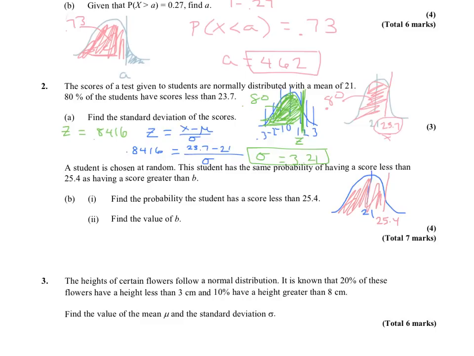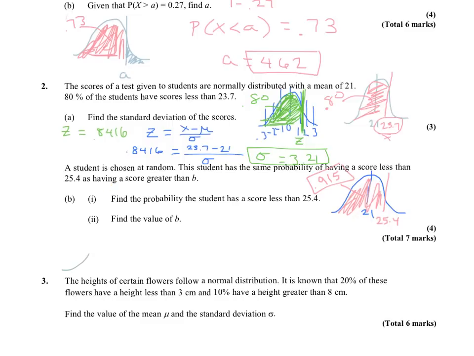That gives us that area to the left is 0.915. And so that's our answer to part B-I. Now, why did they ask us to find that? Well, they're guiding us to the next part. It says the student has the same probability of having a score less than 25.4. That's what we just found. So 0.915 is also the probability of them having a score greater than B.